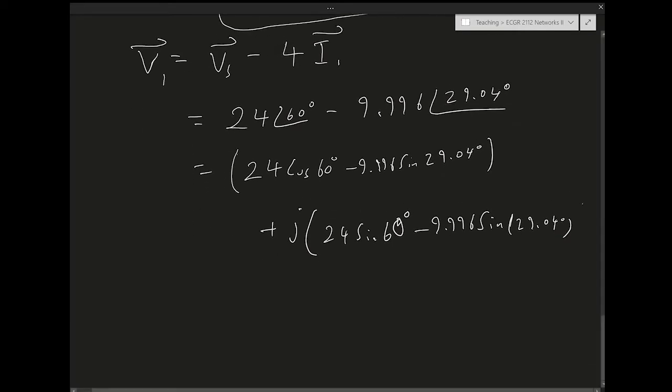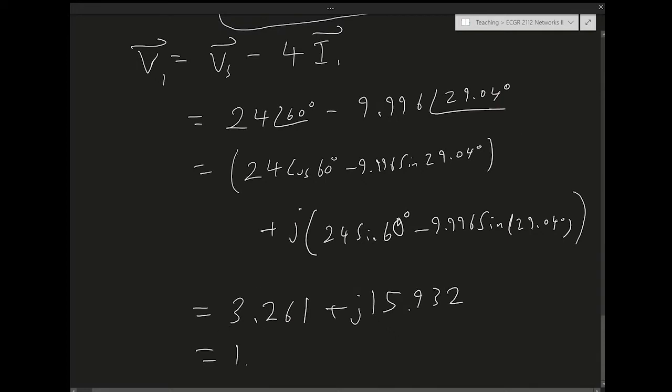That's how you would do it. And you do the number crunching, you end up with 3.261 plus j15.932, and then I transform that back to polar.